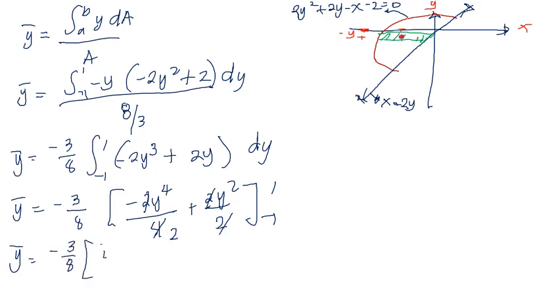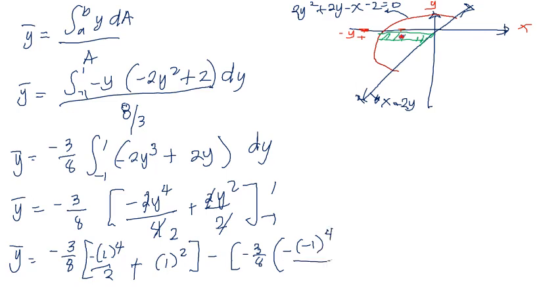So we have 1 raised to the fourth all over 2 plus 1 squared minus quantity of negative 3 all over 8 times the quantity of negative 1 raised to the fourth all over 2 plus negative 1 squared. So input this in your calculator. Y bar is equal to 0.